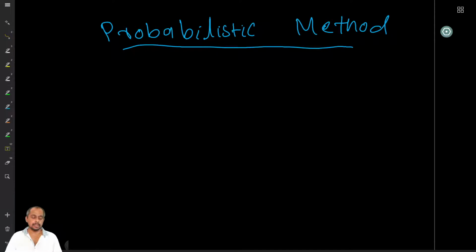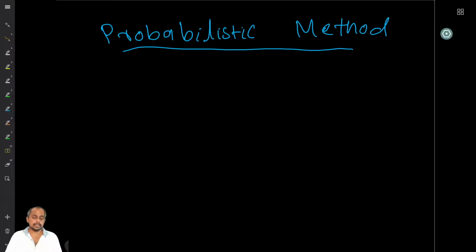Okay, so today we start a new topic which is called the probabilistic method. This is a very powerful method used in combinatorics, often to show existence of certain structures and also to prove bounds for parameters like chromatic number or other parameters, which can be proved with the help of probability tools.